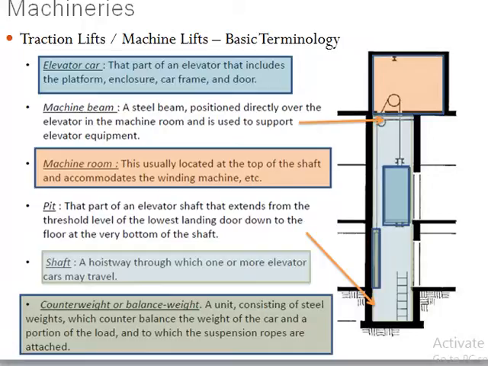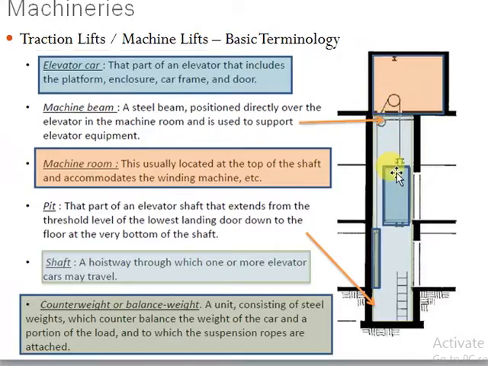Here, let's understand the basic components of a traction lift. First, this orange highlighted room is known as the machine room or lift machine room. It is located at the top of the lift shaft and accommodates the winding machine and the mechanism which makes the lift run.